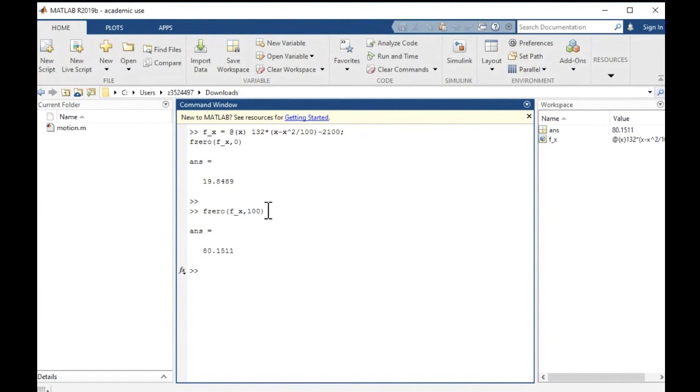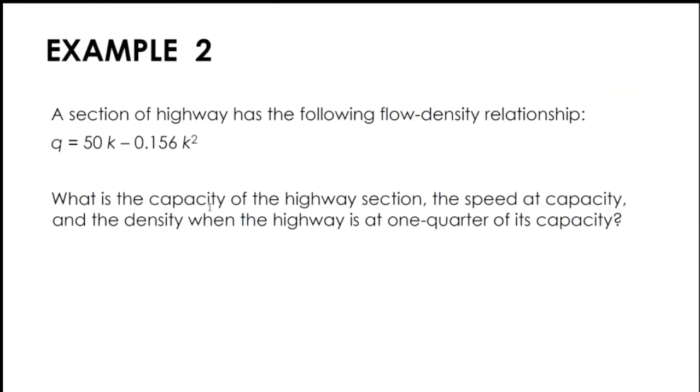So you see, I get one speed which is low and one speed which is high. Obviously, the speed equal to 19.85 is from the congested regime when the flow was equal to 2100, while the speed equal to 80 is coming from the uncongested regime and the flow was still 2100. Let's have a look at a second example.